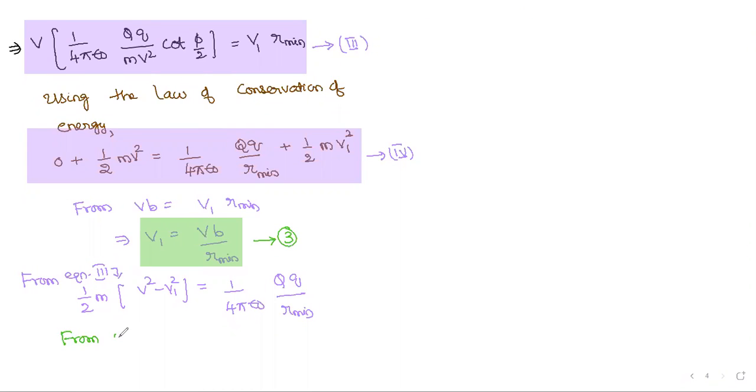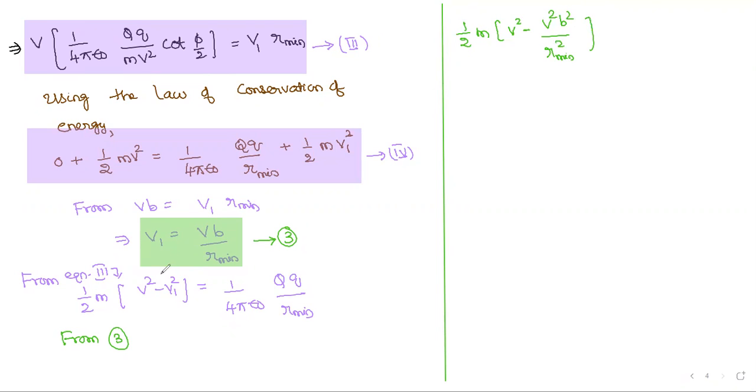From 3, I can write here, substituting half m into v square minus v1 square, I write v square minus b square by r minimum whole square. Substituting v1 over here, that equals 1 by 4 pi epsilon naught q by r minimum.